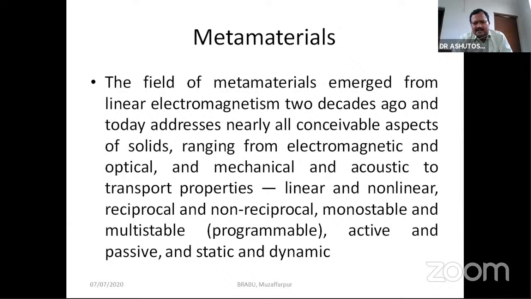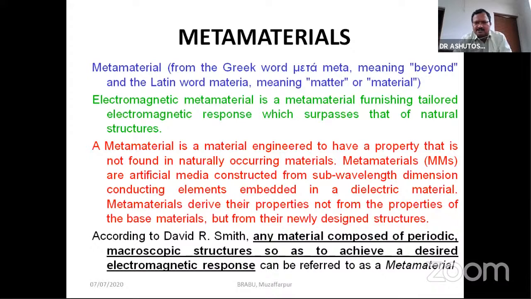It started nearly around the year 2000, about 20 years ago, and now it has covered most aspects of physics in solid state, electromagnetics, optics, magnetics, and many other areas. The word metamaterial comes from the Greek meta, which means beyond, and the Latin word materia, which means material. So an electromagnetic metamaterial is a material furnishing a tailored electromagnetic response which surpasses that of natural structures.